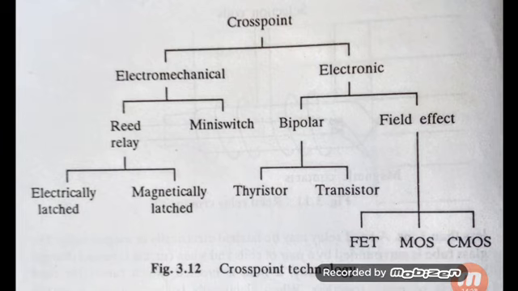So this is the brief information on crosspoint technology. Thank you.